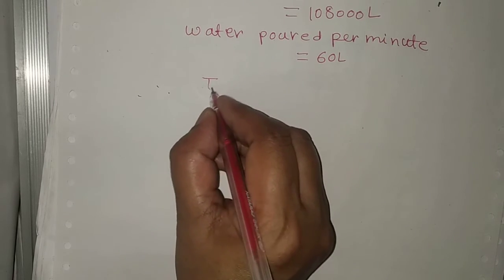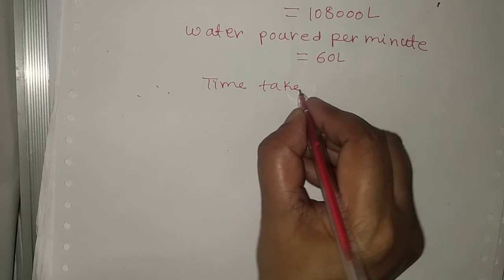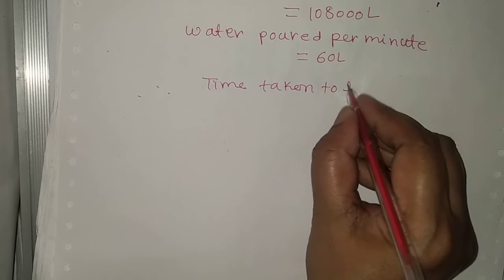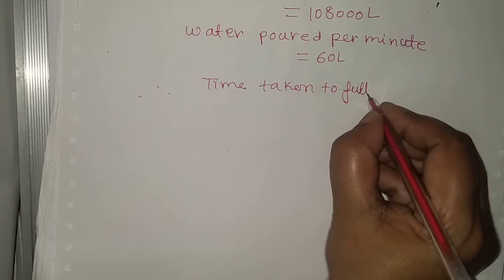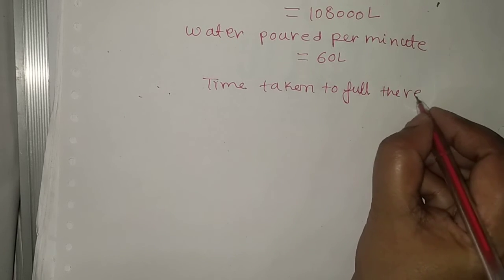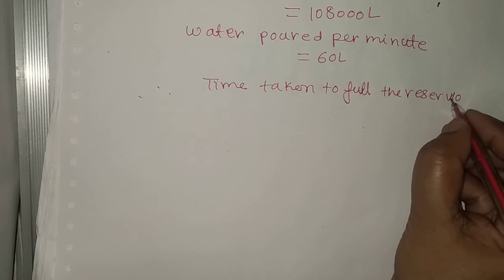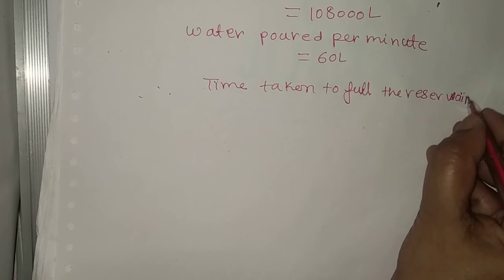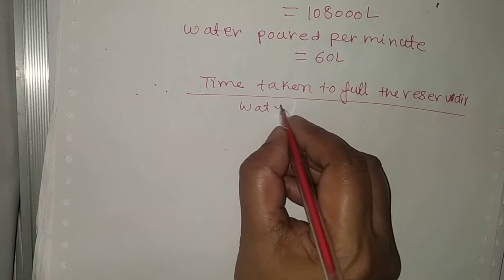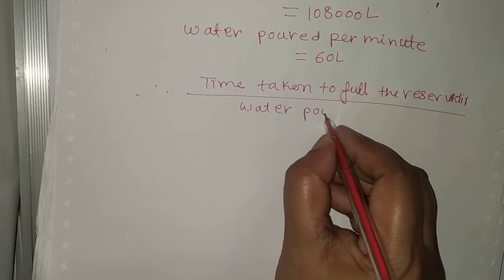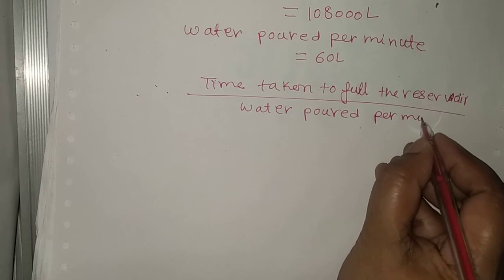Therefore, the time taken to fill the reservoir is the volume divided by water poured per minute.